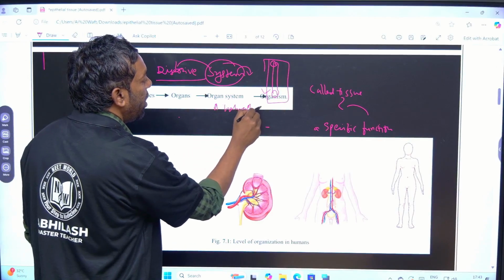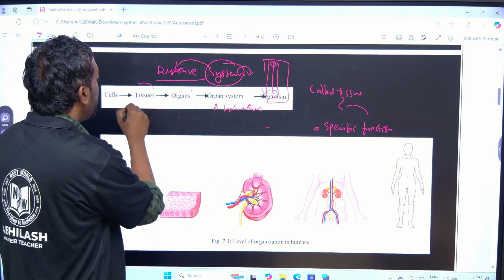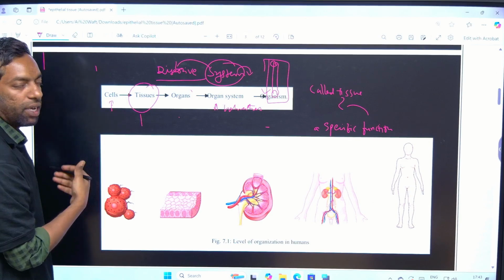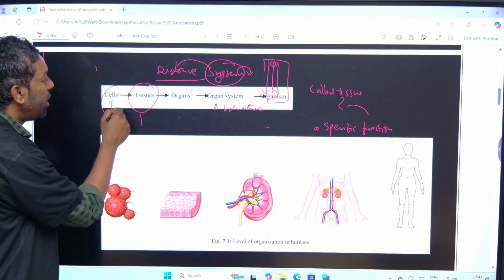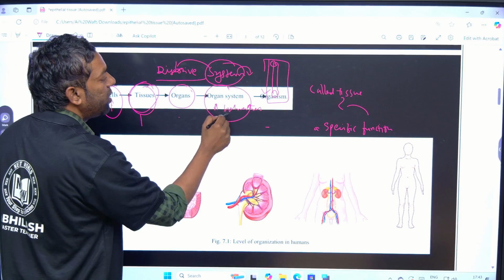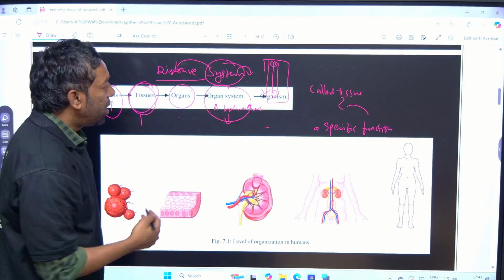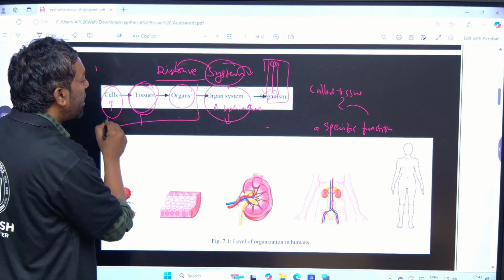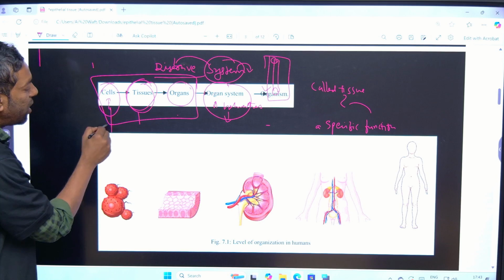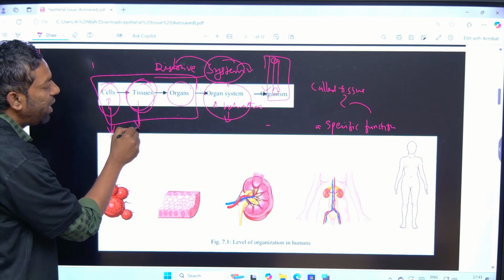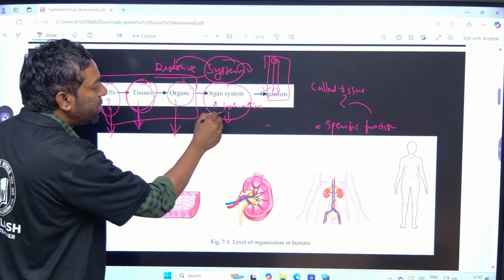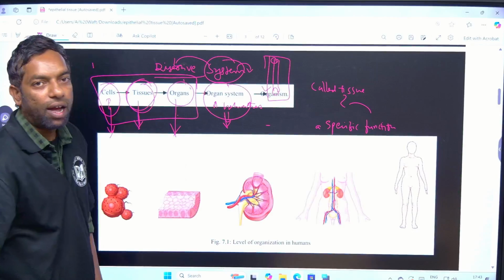And the first developed tissue is in cnidarians. Bacteria and protista are at the cellular level, cnidarians and platyhelminthes at the tissue level, then the organ level, and the organ system level is first developed in the Aschelminthes.